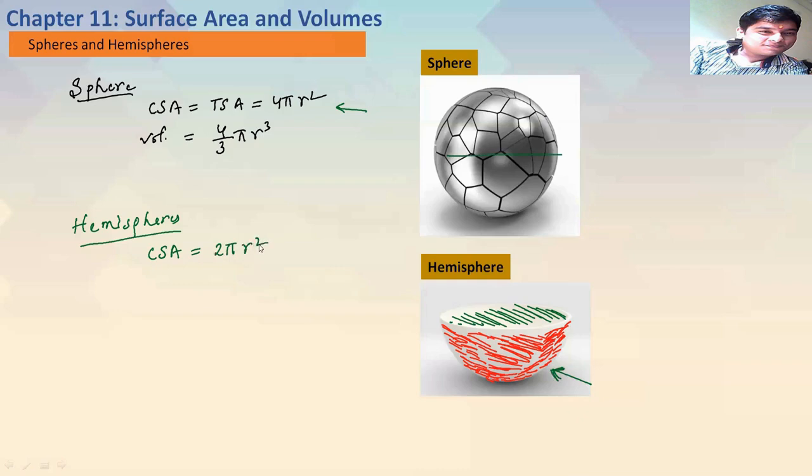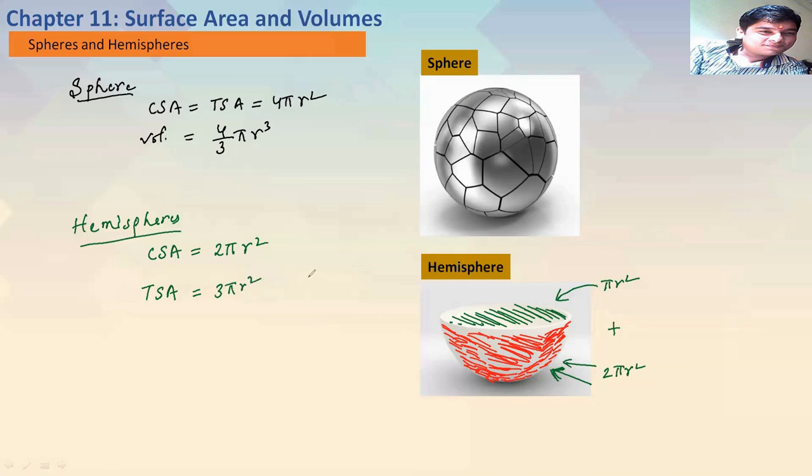But what is TSA? TSA is total surface area. So this is the curved part which is 2 pi r square. Sir, yes, I remember, 3 pi r square. Yes, there you go. You just have to add this flat part which is another pi r square, right? So the total will be 3 pi r square.